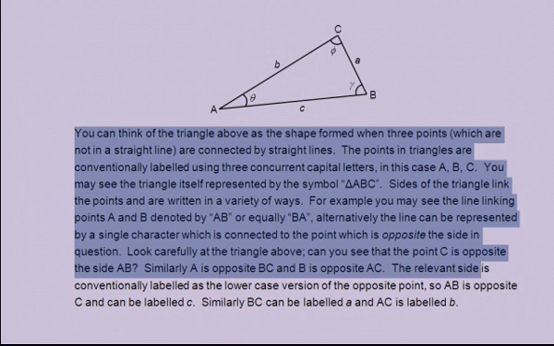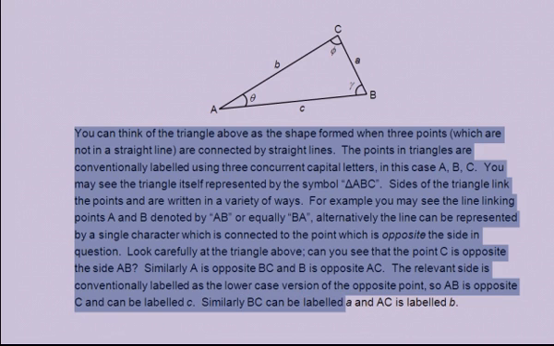The relevant side is conventionally labelled as the lowercase version of the opposite point. So, AB is opposite C and can be labelled c. Similarly, BC can be labelled a and AC is labelled b.